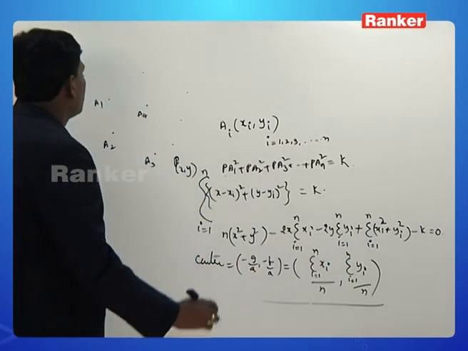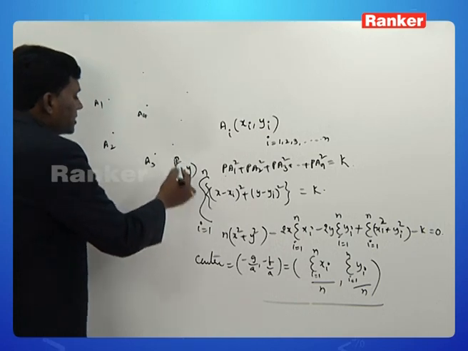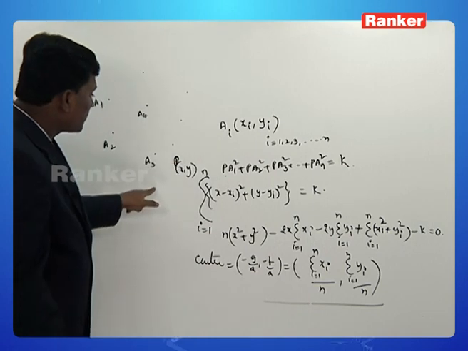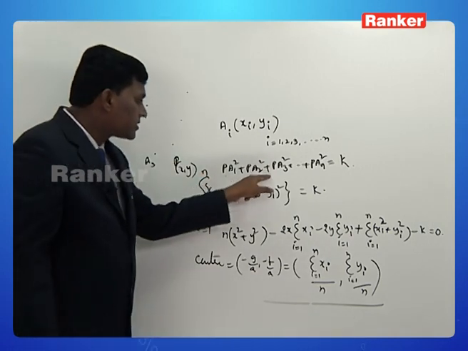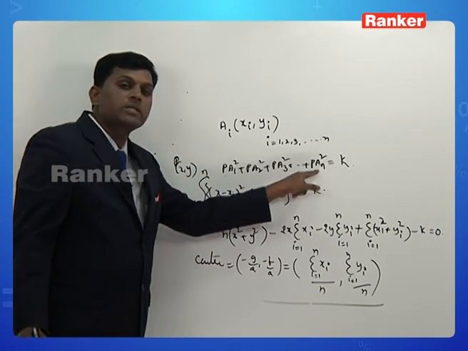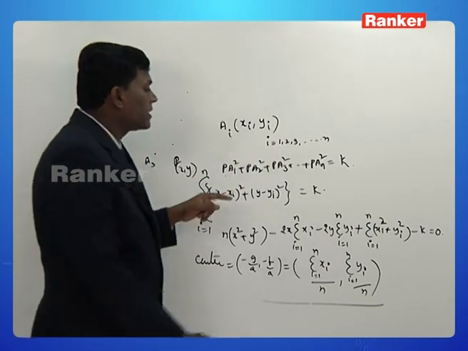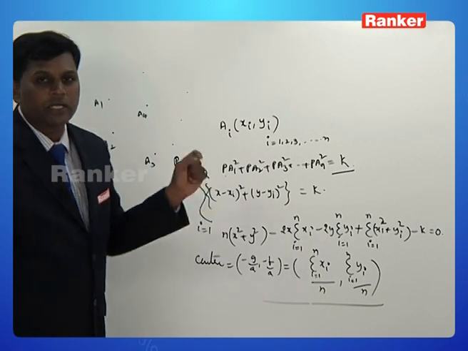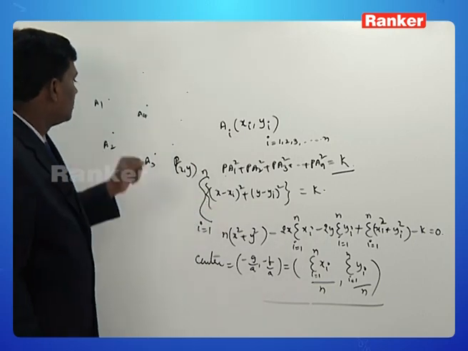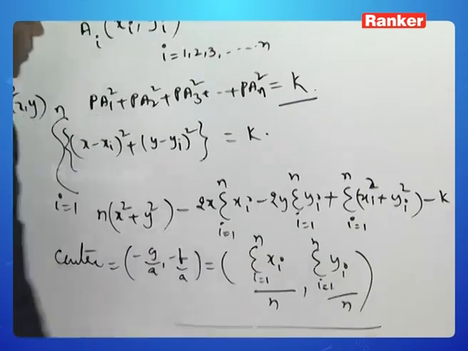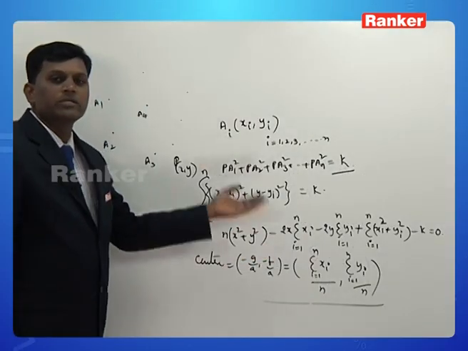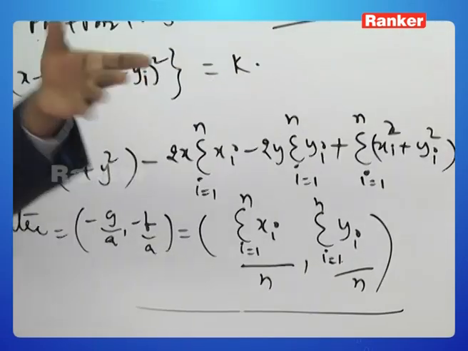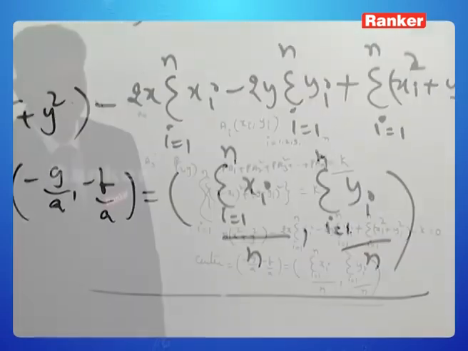Therefore, whenever a variable point P moves in such a way that the sum of squares of its distances from n fixed given points is always a constant k, then its locus is always a circle whose center is the average point of the given n points, whose abscissa is the average of the given abscissae and whose ordinate is the average of the ordinates of the given n points.